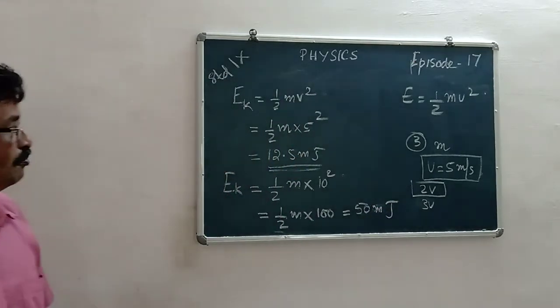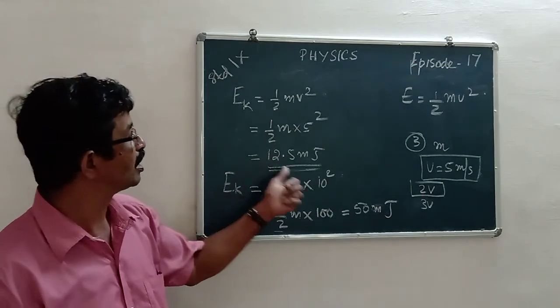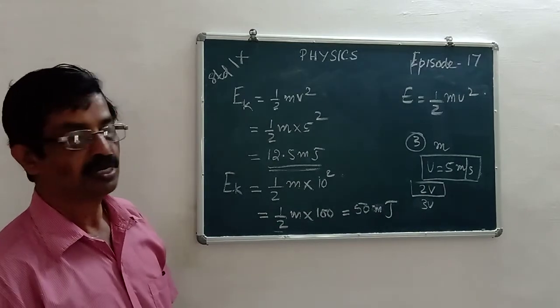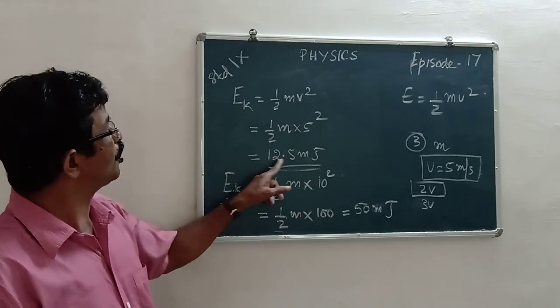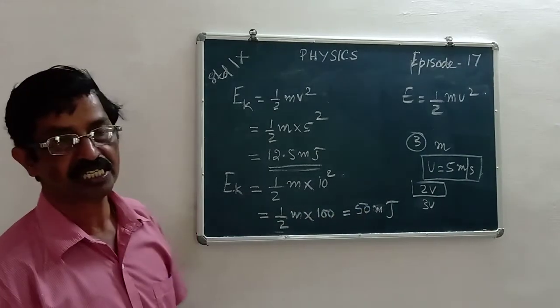Now see, at first kinetic energy is 12.5 m Joule. Now the kinetic energy is 50 m Joule. This 12.5, when we multiply with 4, we get 50.